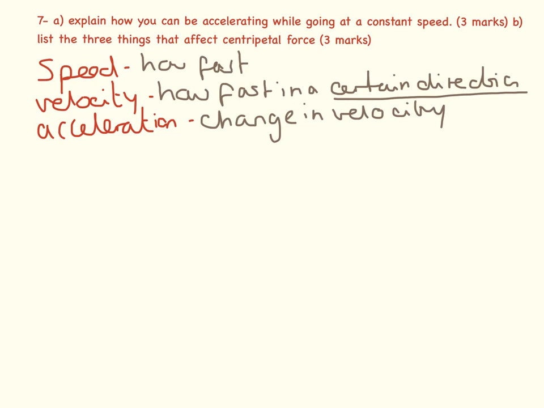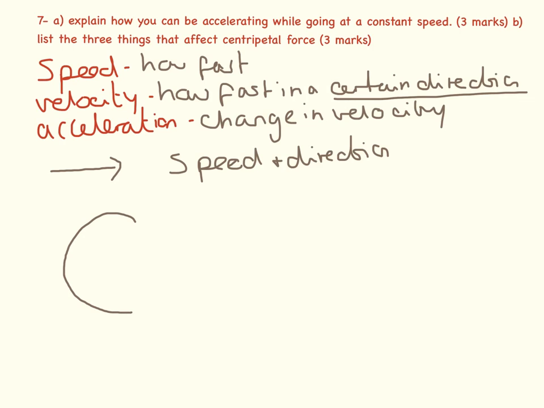Now, most of the time when we talk about velocity, speed and acceleration, we're talking about it going in a straight line. Now remember, velocity is speed and direction. So if we talk about velocity going in a straight line, the only thing that can be changing is speed. But in a circular motion, we are talking about velocity going in a circle.